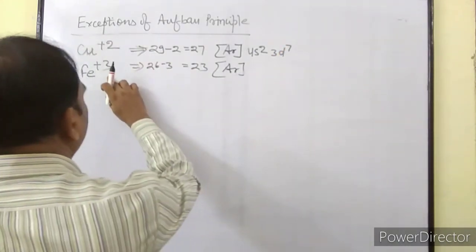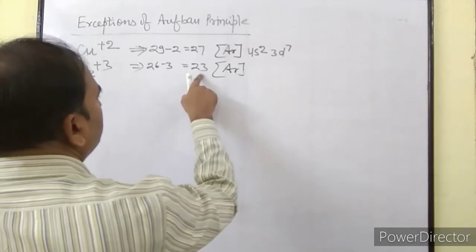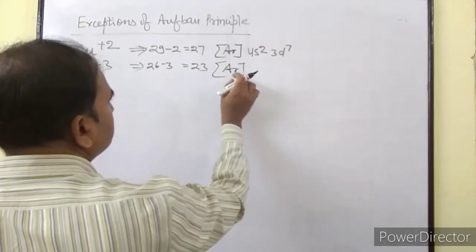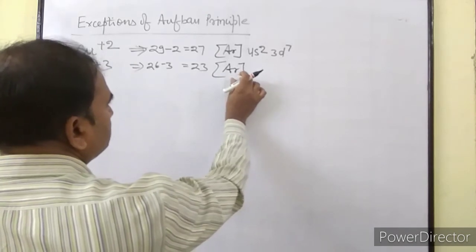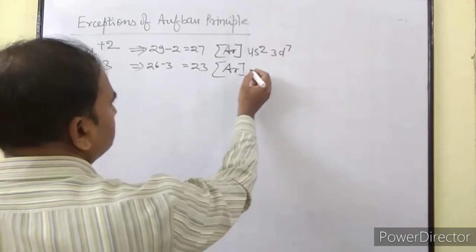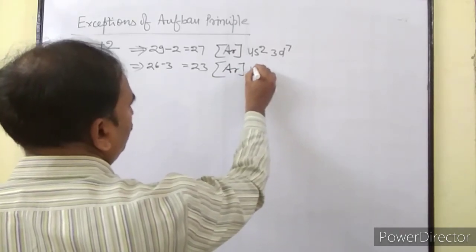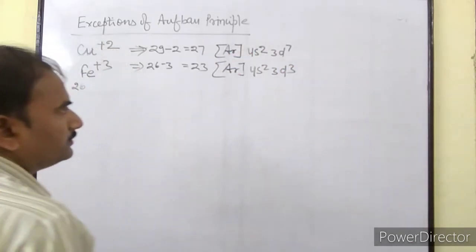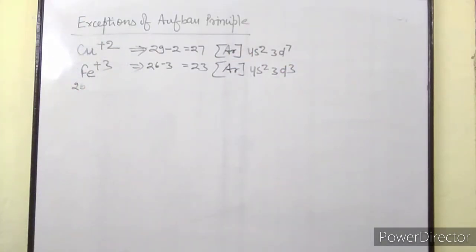And in case of iron 3 plus, there are 23 electrons. So we can write this as argon, 18 electrons are arranged here, rest there are 5 electrons. So 4s2 and 3d3. This will be the electronic configuration.